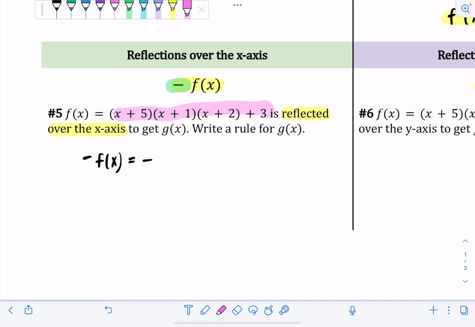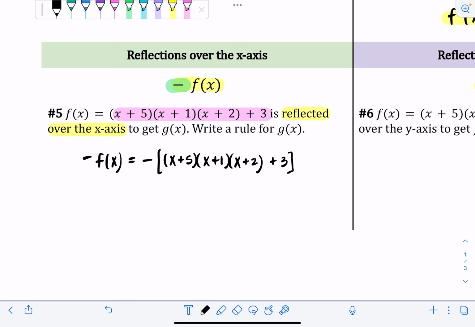I do have to put it in parentheses because of that plus 3 at the end, which incorporates a second term. So negative, and then I'm going to use brackets, x plus 5 times x plus 1 times x plus 2, and then plus 3. And then now I just need to distribute that negative in and then call my final function g of x.